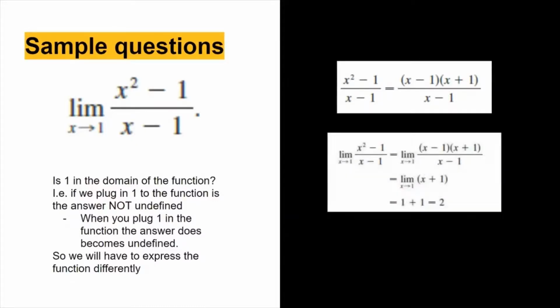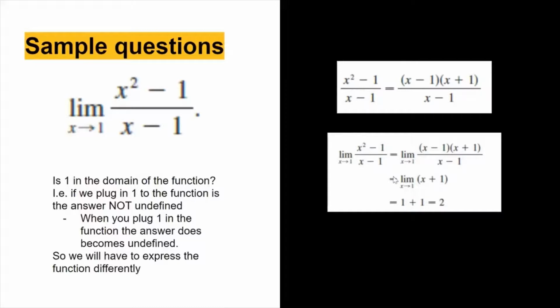In this case, x squared minus 1 is an algebraic identity, which we can change into x minus 1 into x plus 1, and there is obviously x minus 1 in the denominator. The x minus 1 in the denominator and the numerator cancel each other out, and then we'll be left with limit x tends to 1, x plus 1.